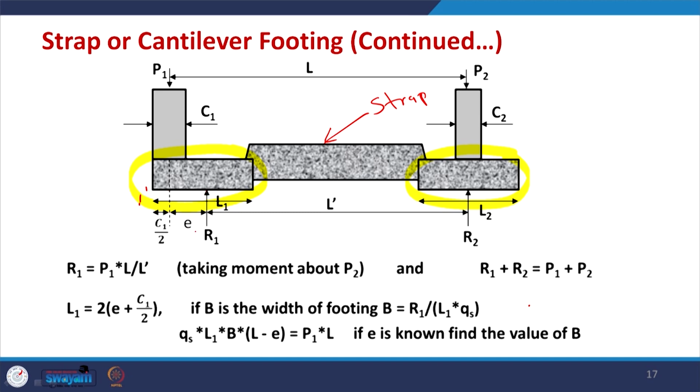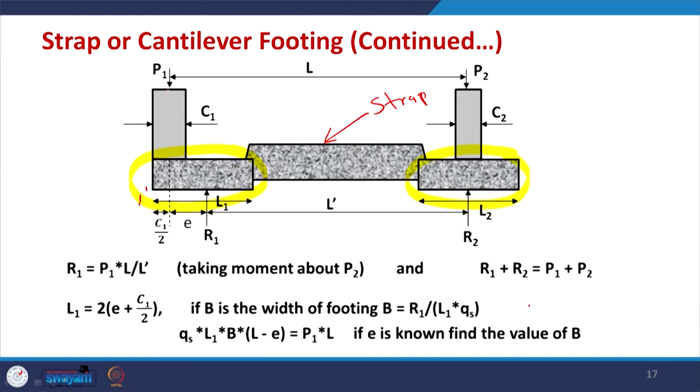So, this is an eccentric footing, and this eccentricity is important. This eccentricity e can be decided from practical considerations, and once we fix the value of e, then we can design the first footing as well as the second footing.